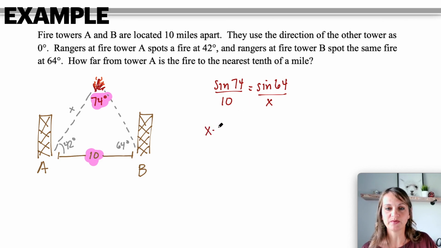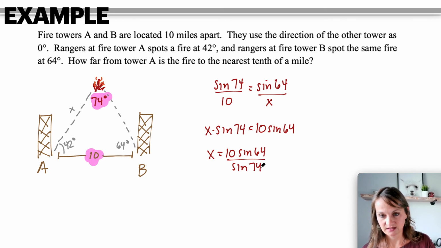So to cross multiply, x times sine of 74, and we're going to now divide. And we will get 9.35 miles.